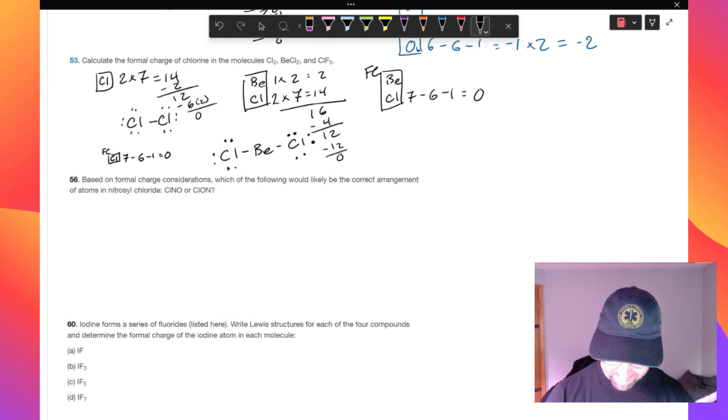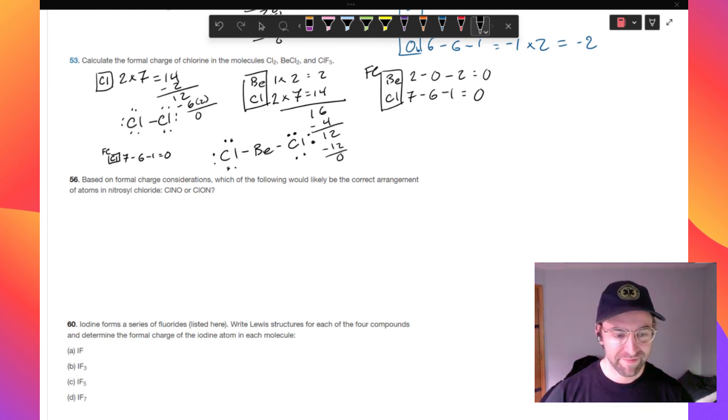But beryllium would be, hmm. Beryllium would be sad because it would have an unfilled octet. Hang on.